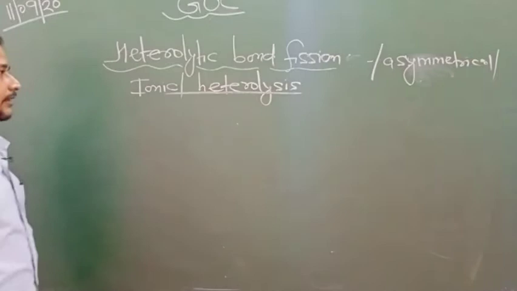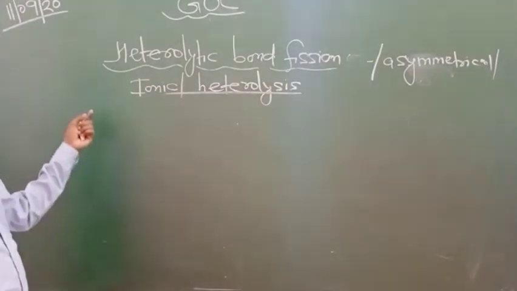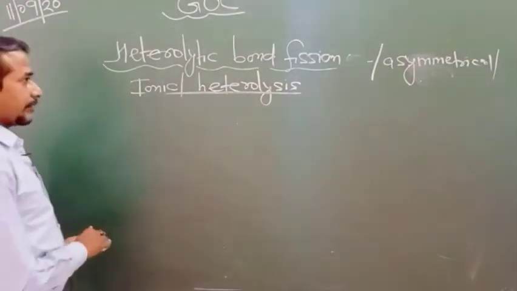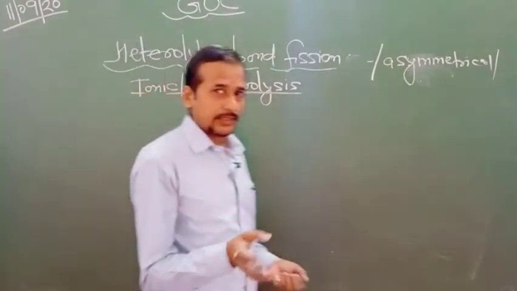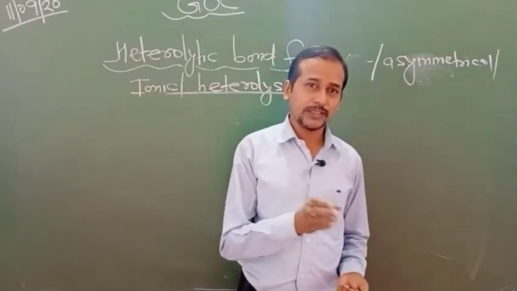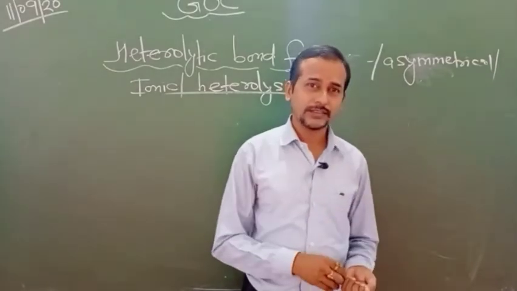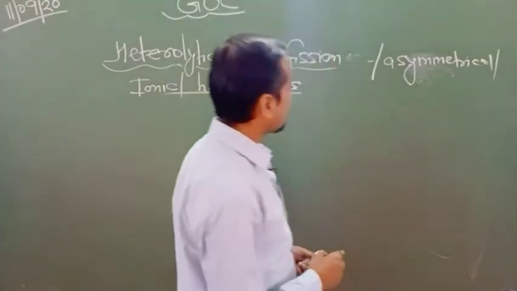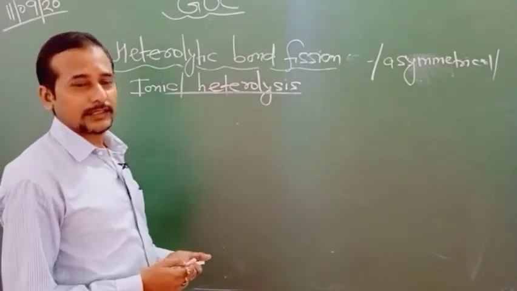So as the name indicates, asymmetrical bond fission means the breaking of the bond takes place in such a way that the electron pair is shifted towards one atom of the two bonded atoms.